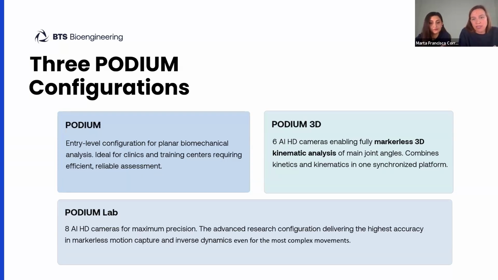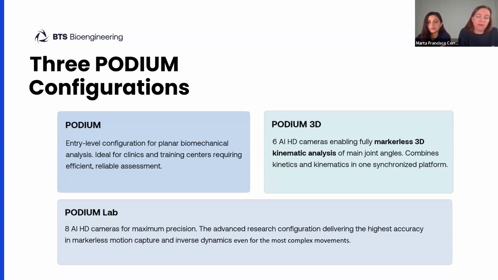In the Podium 3D, the second configuration, we move to a more advanced level. With multiple cameras, the system reconstructs the movement in 3 dimensions. So it allows full kinematic analysis and saving all the data for post-processing. Finally, you can also have the Podium Lab, which is a final laboratory configuration. Here the system can be expanded even further with additional cameras and integration.